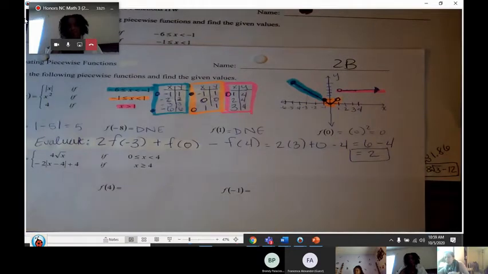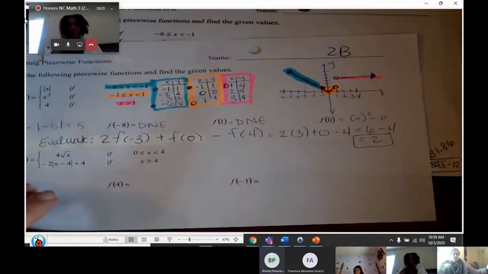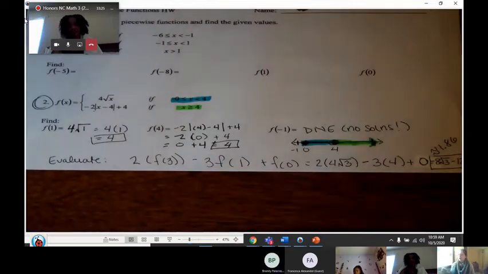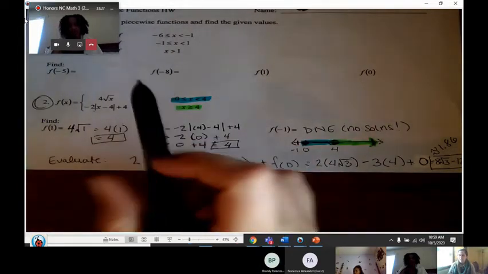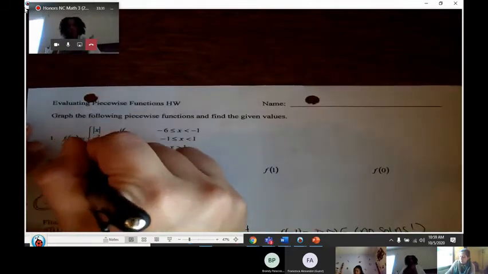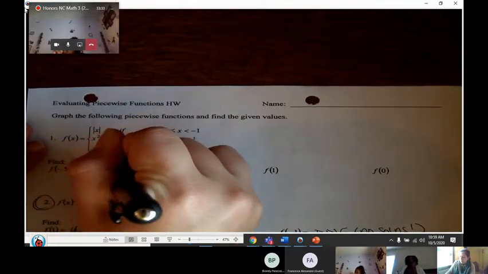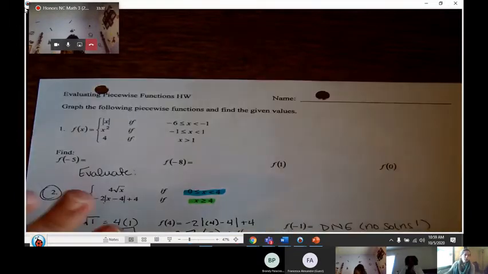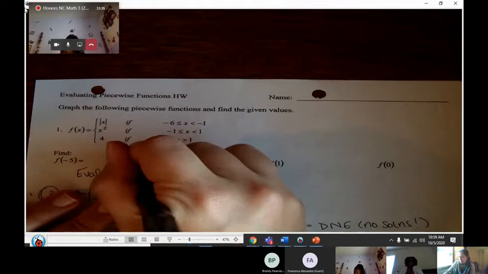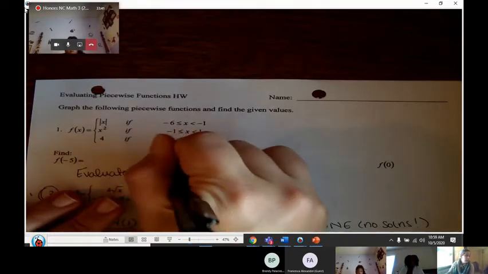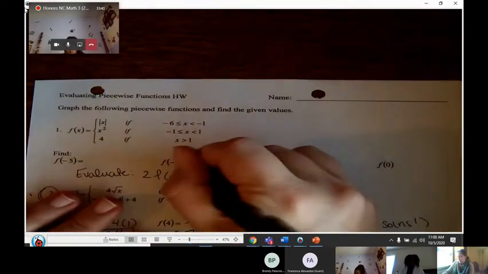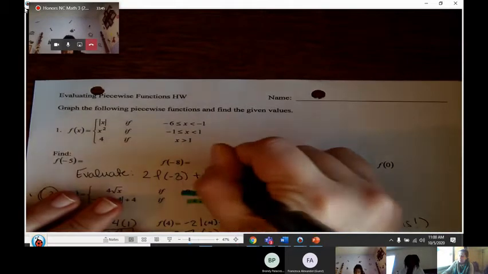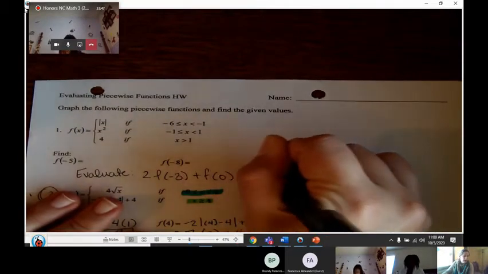We can do either. Evaluate. So let's do it with the function up here, okay? All right. So evaluate, let's do 2 times f of -3 plus f of 0 minus f of 4.